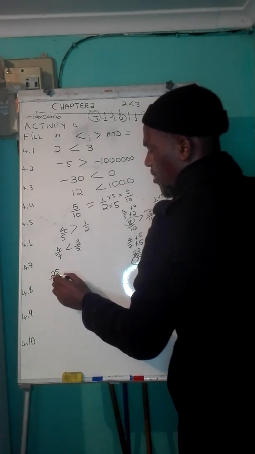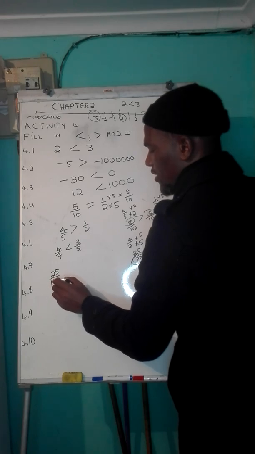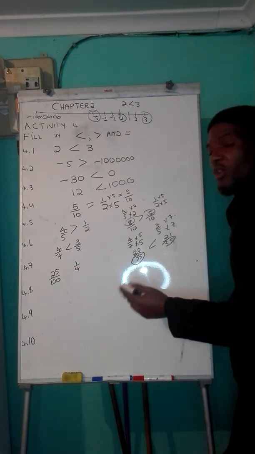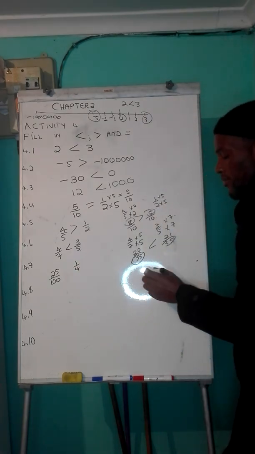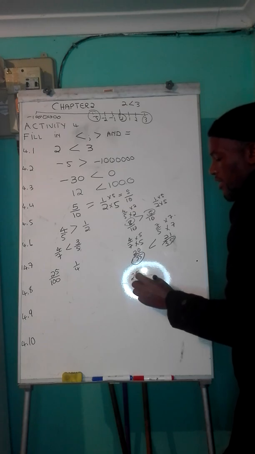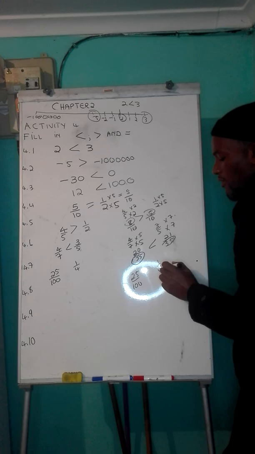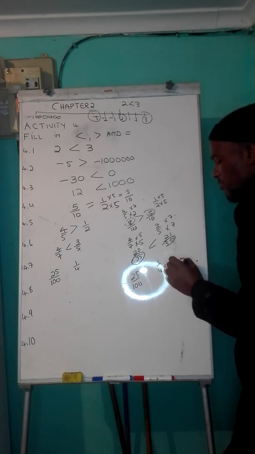25 over 100. Then I have 1 over 4. Which one is big? Okay, I have 25 over 100, and 1 over 4. I want to make this 100, so I can multiply it by 25.